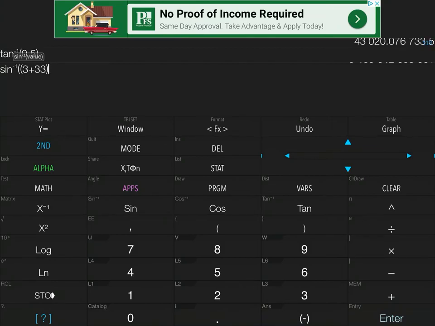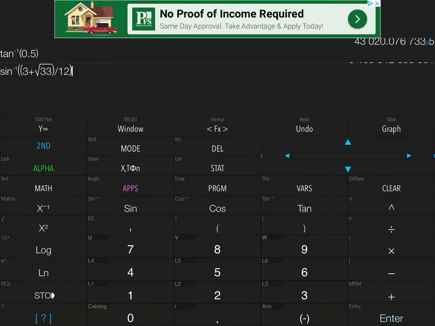I'm going to clear this. So second sine, 3 plus square root of 33. Then I close my brackets, close the brackets again, divided by 12, and now I close the big bracket.